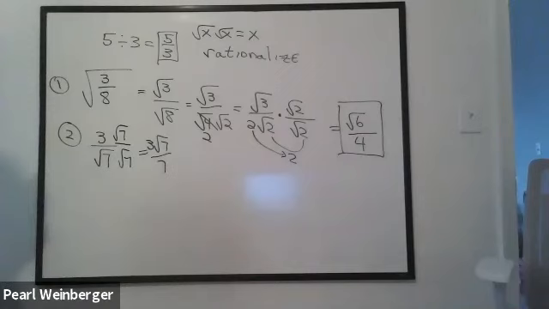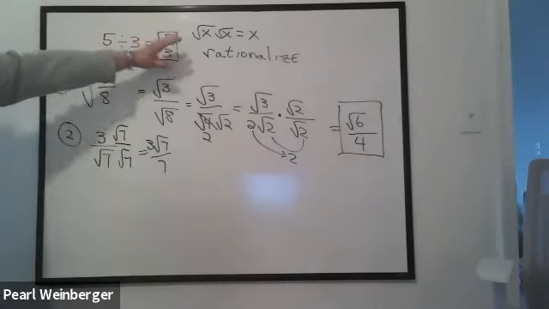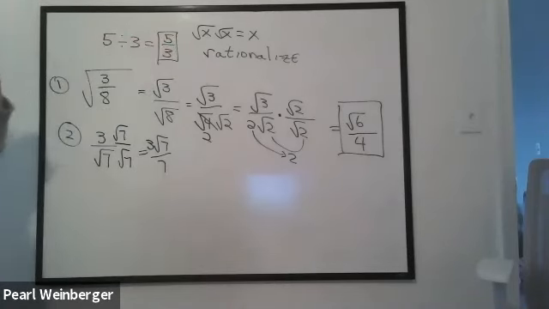Simplified means there cannot be any radical in the denominator. Sometimes the term's used as rationalize the denominator. Sometimes it just says simplify the fraction. But basically, our whole point is to get rid of the radical in the denominator.